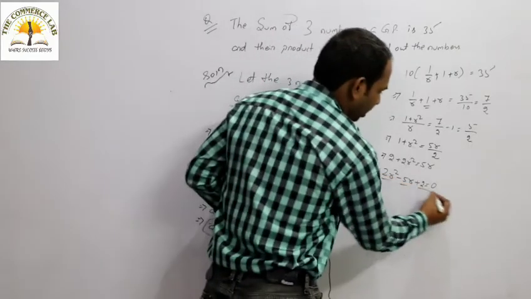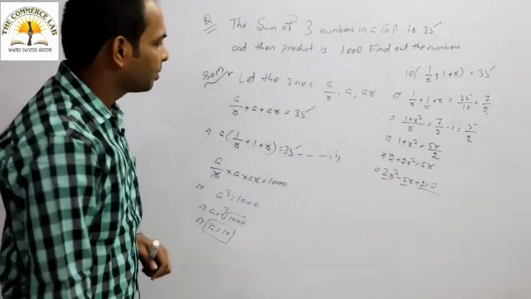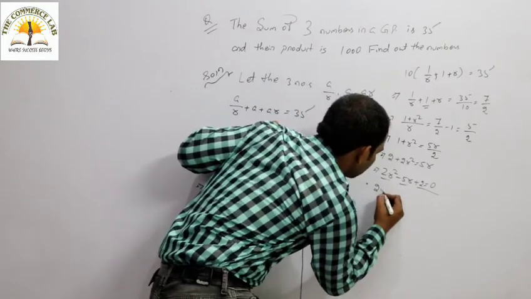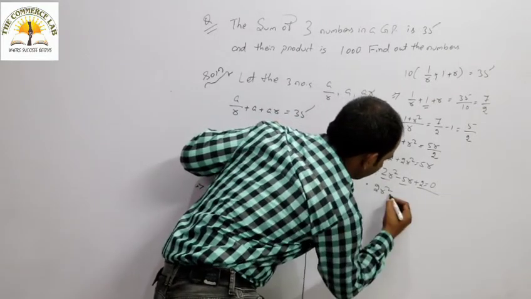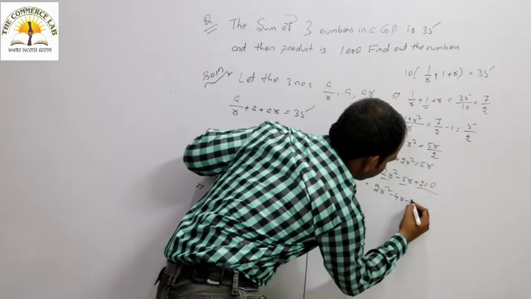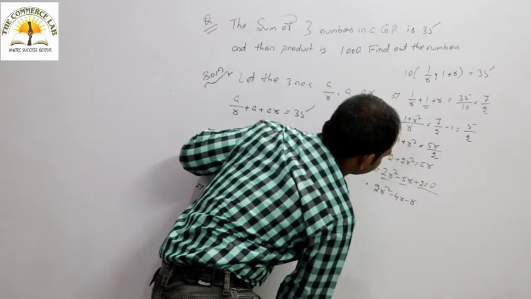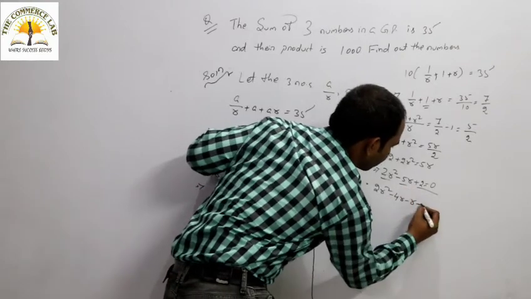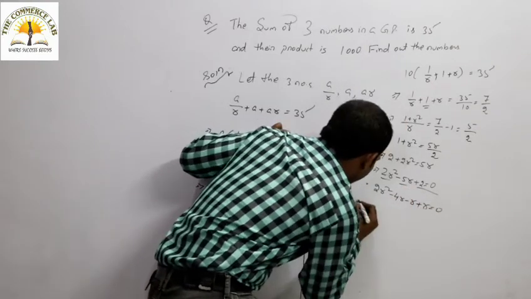Then it becomes a quadratic equation. By splitting the middle term, 2R square minus 4R minus R plus 2.